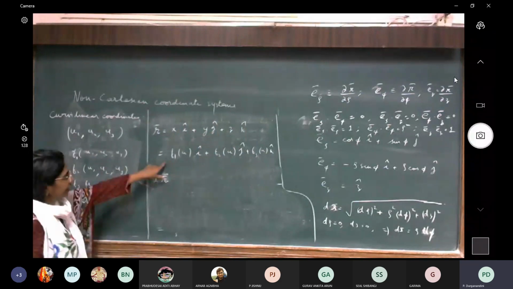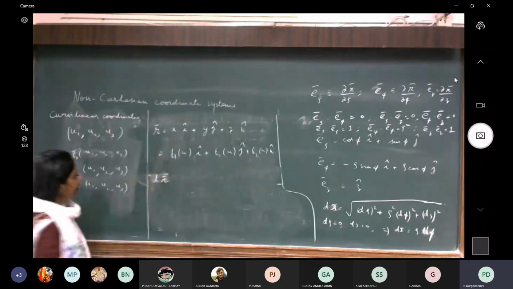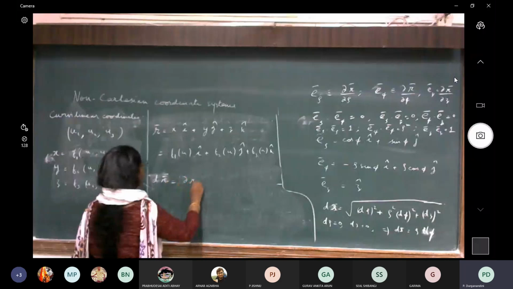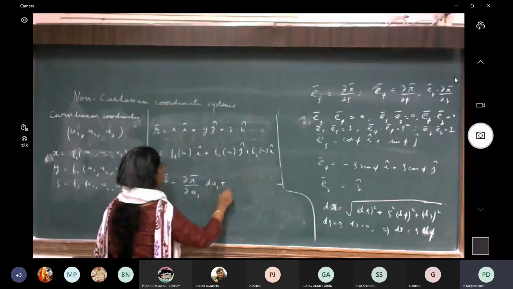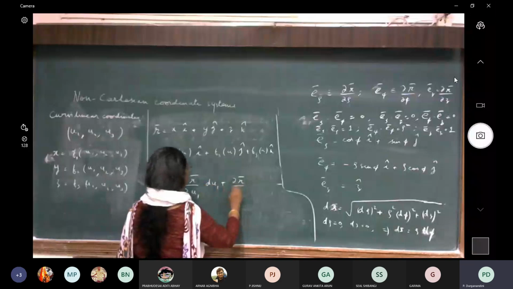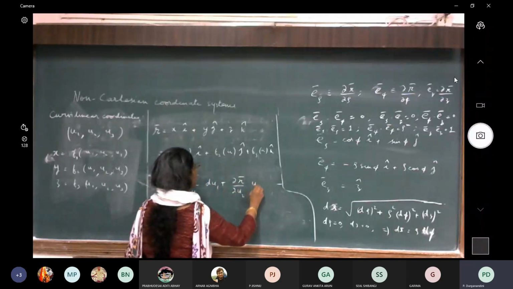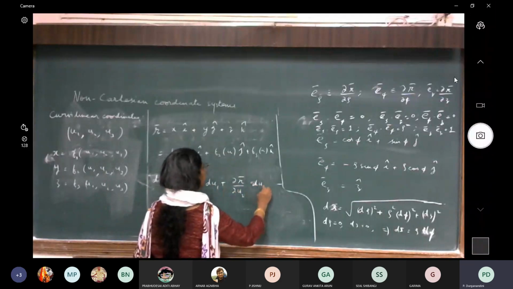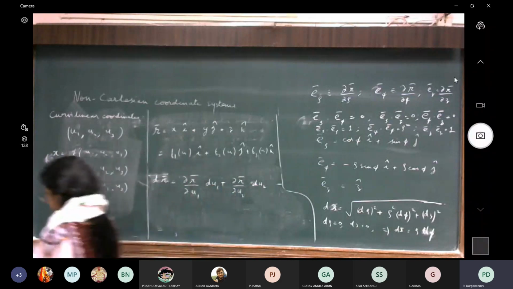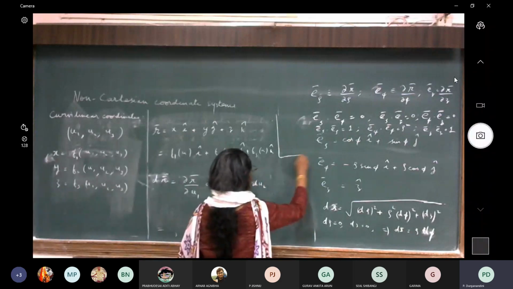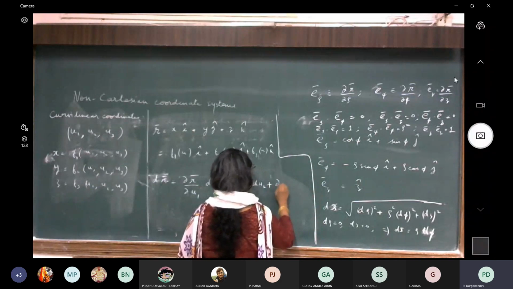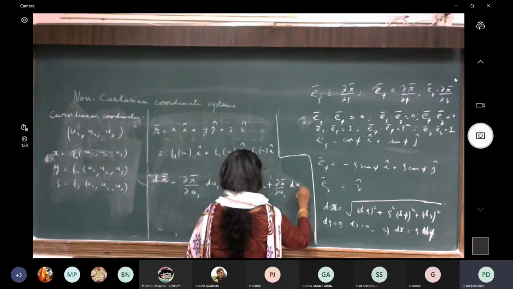So just like when we did this, I can write my dr as equal to ∂r/∂u1 times du1. So most generally I can write it like this, plus ∂r/∂u2 times du2, keeping the cylindrical polar coordinates in mind, and then you can just calculate these quantities, plus ∂r/∂u3 times du3.